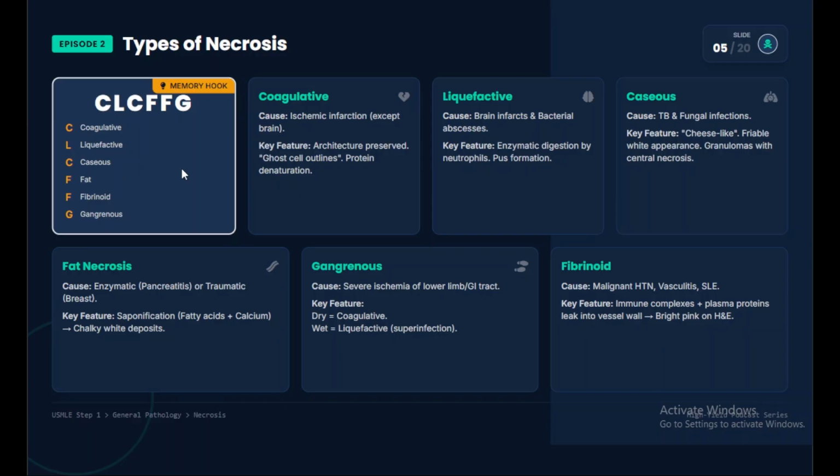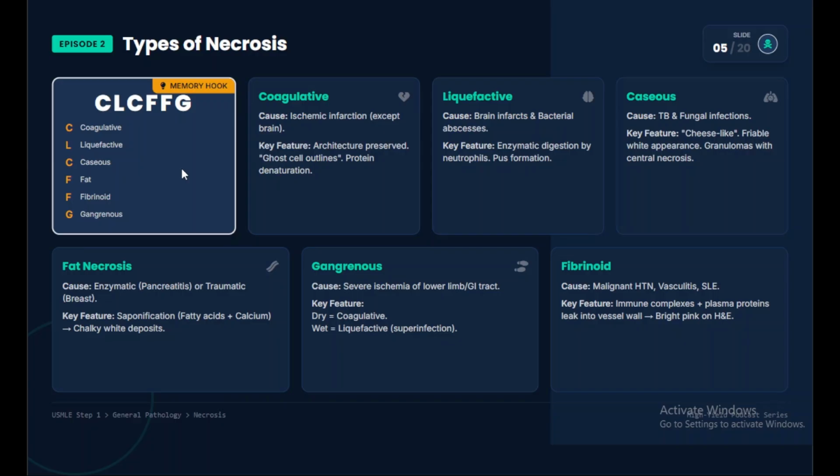So let's talk about coagulative necrosis. This is the most common type of necrosis in the body. The typical cause is ischemic infarction, meaning loss of blood supply to the tissue. But there is one very famous exception, which is the brain.